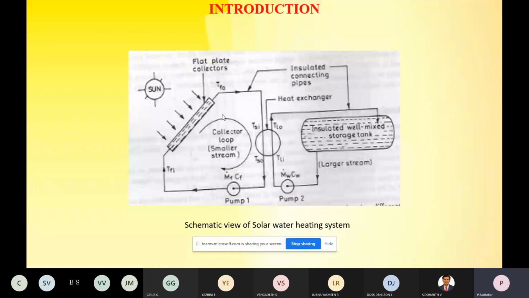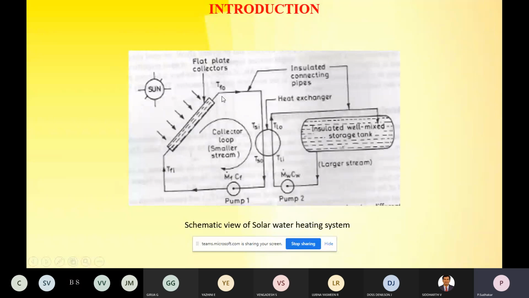Next is what happens in the forced collector, the forced system. In the forced system, the same technique is used with a pump. The storage tank has the water, and it is pumped so that the water flows in the collector, gets solar radiation and heated, and flows through the tank again. Here it may be a direct storage system, that is, here a heat exchanger is given.